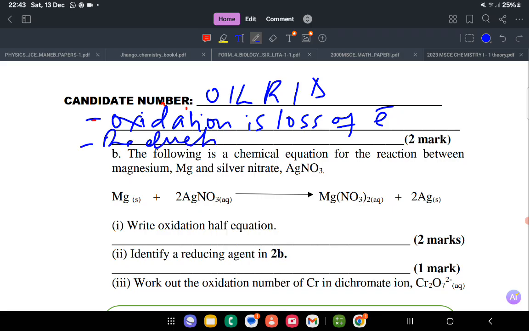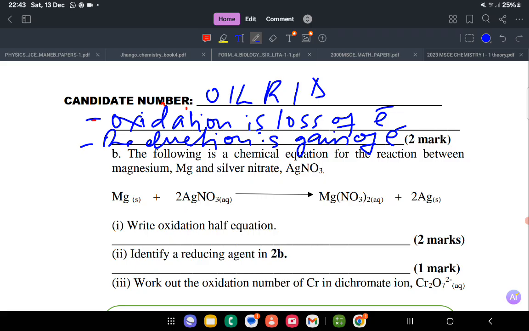Reduction is gain of electrons. So don't forget this definition, and also remember that you can define these terms in terms of gain or loss of oxygen. Oxidation is gain of oxygen, and reduction is loss of oxygen.